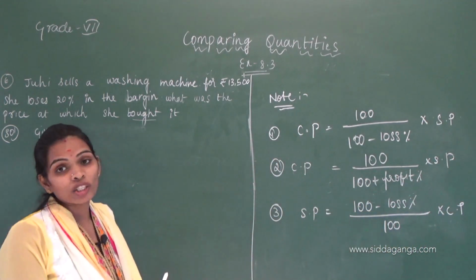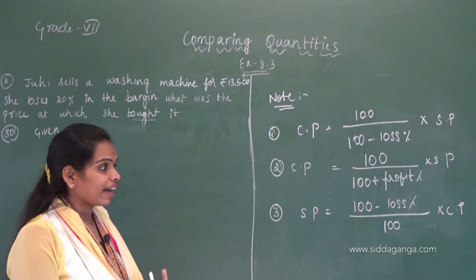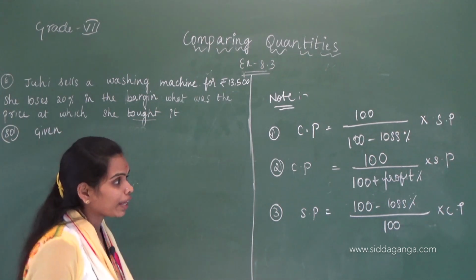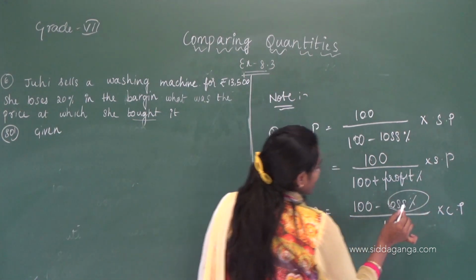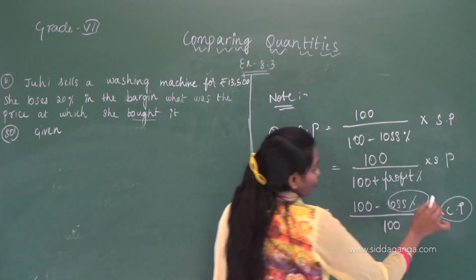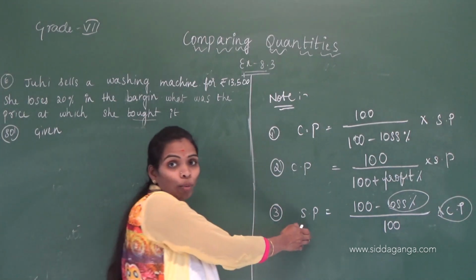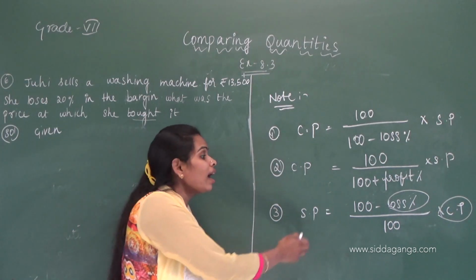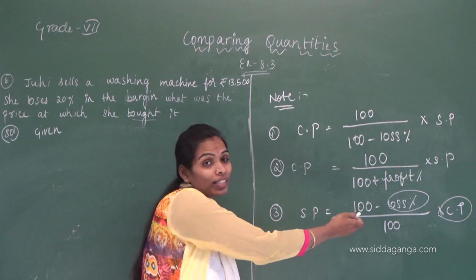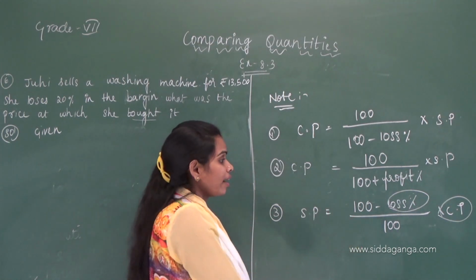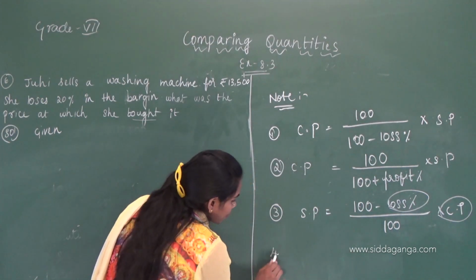If they gave loss percentage and CP of a particular item, we can find SP directly by using this formula. What is the formula? 100 minus loss percentage divided by 100 into CP.